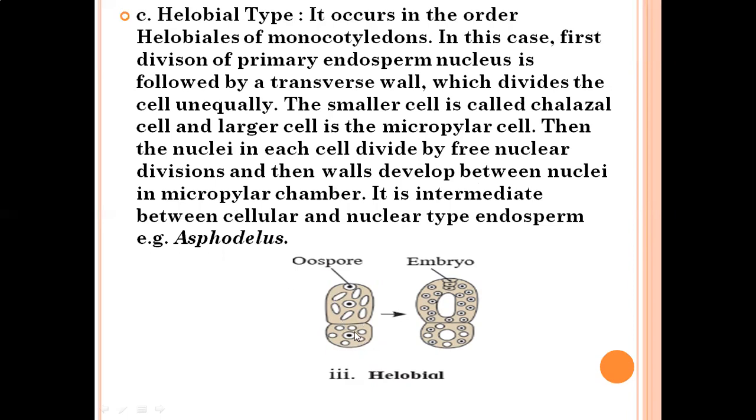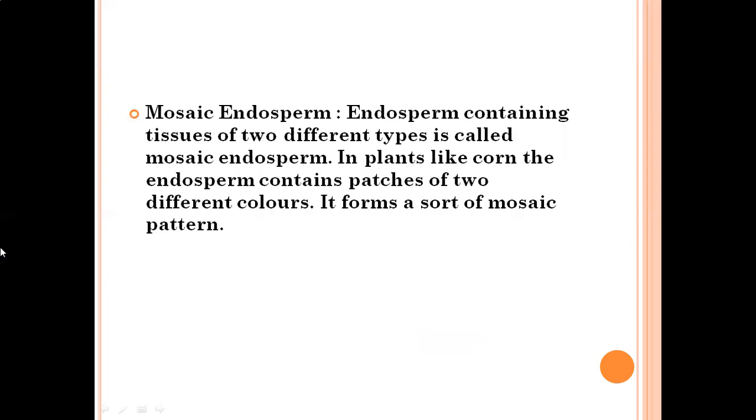You can see here nuclear also, and as cell wall formation takes place at first, it shows cellular also. So this type of endosperm is called halobial type of endosperm, as it is present in the order Helobiales. For example, Asphodelus.